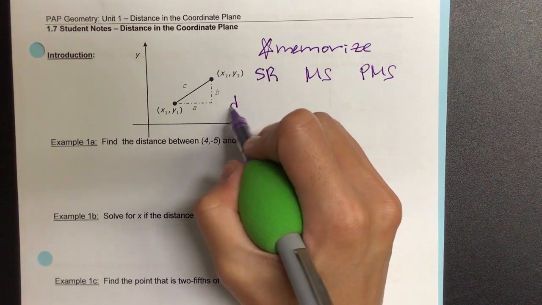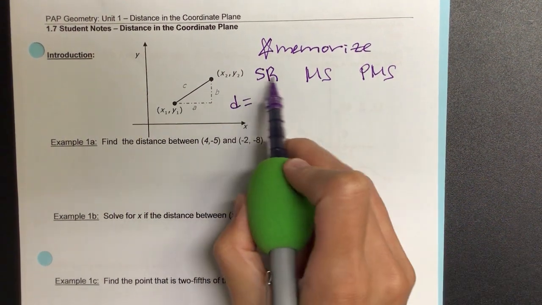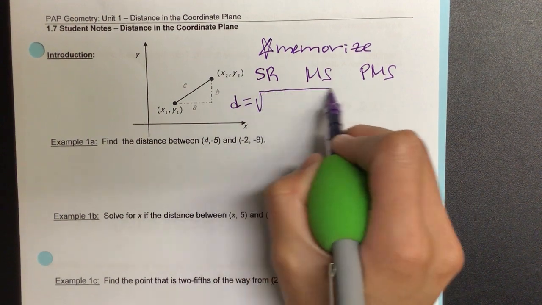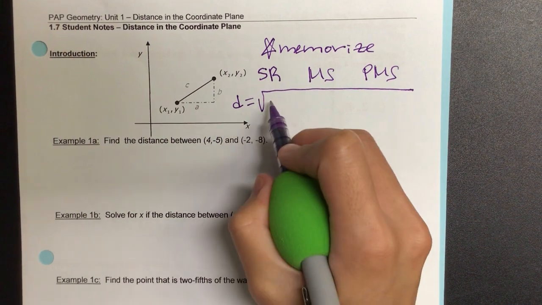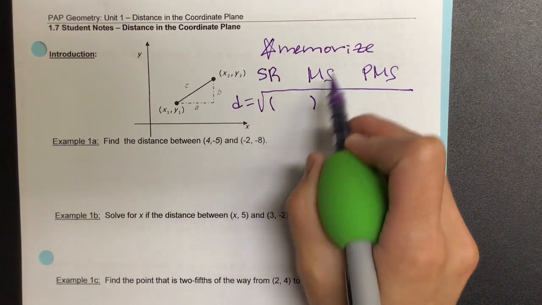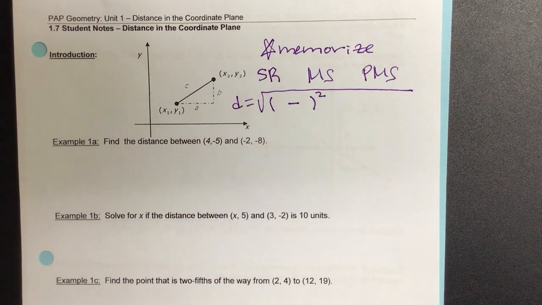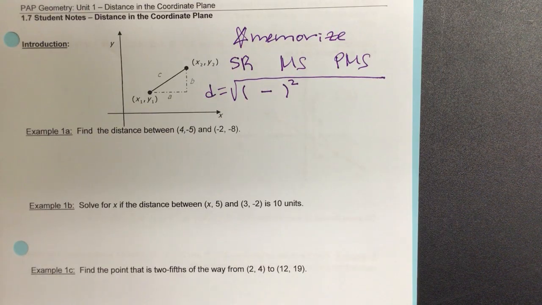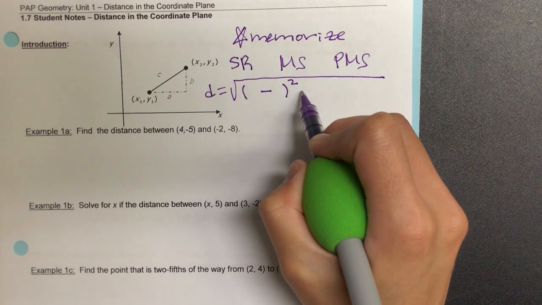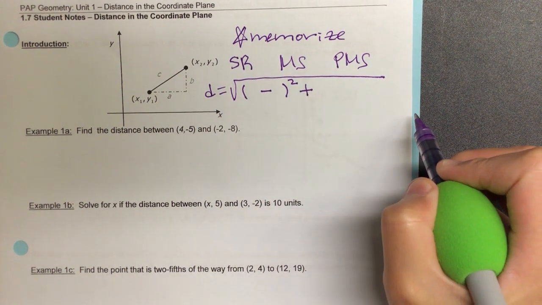So our first thing is distance is equal to. The "senior" stands for square root. Square root. And then we have something inside the parentheses. So we have minus squared. And then we have PMS. Any idea what P stands for? Plus.